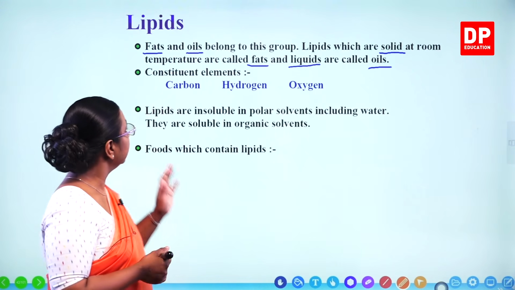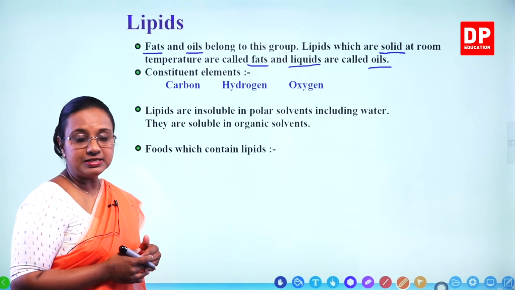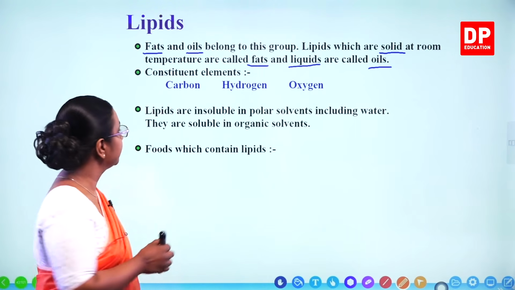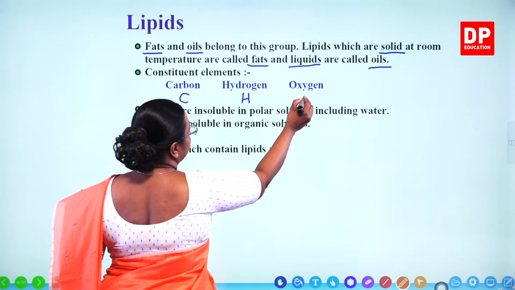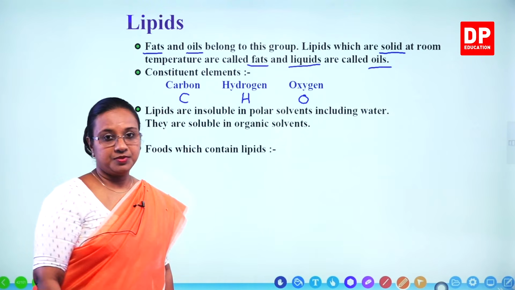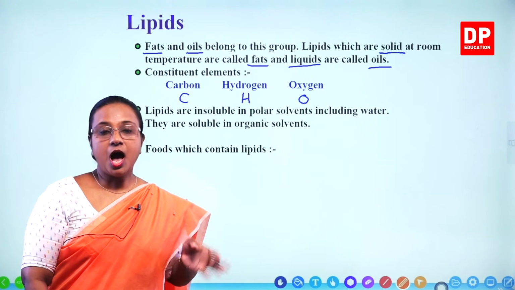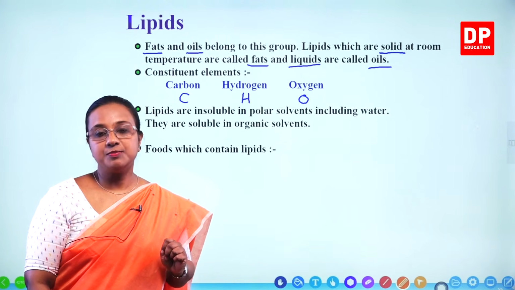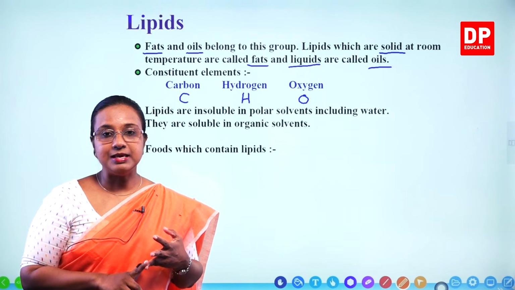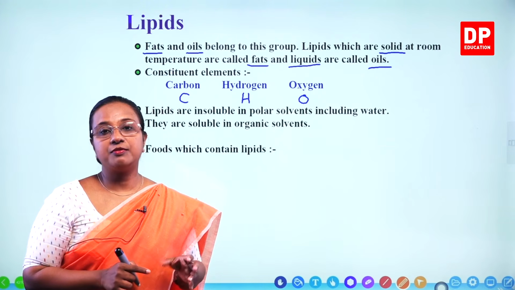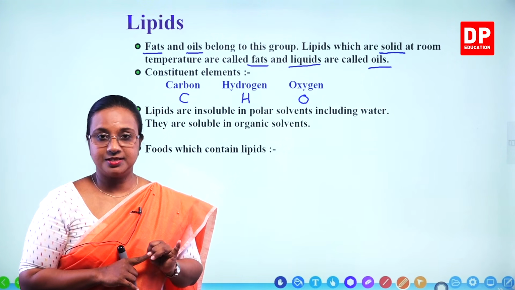If we look at the elemental composition, constituent elements are three elements, that is carbon, hydrogen and oxygen. This is similar to carbohydrates. Out of the four types of biomolecules, both carbohydrates and lipids are made up of only carbon, hydrogen and oxygen.